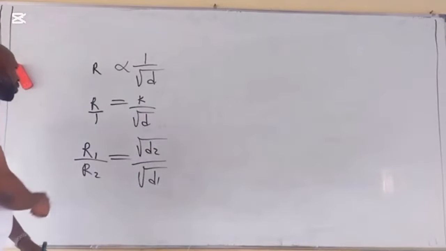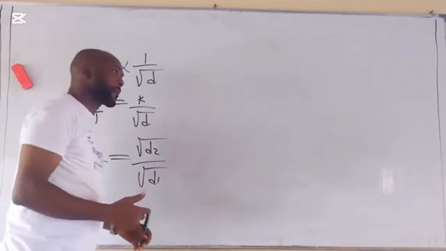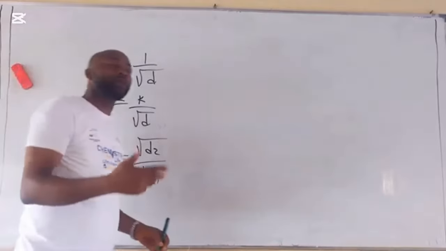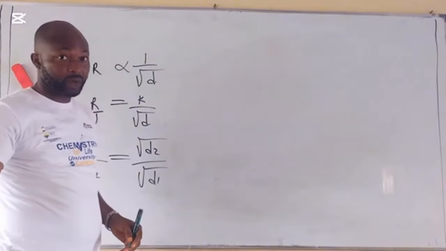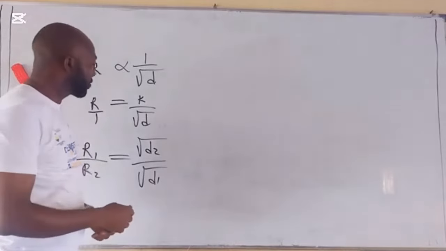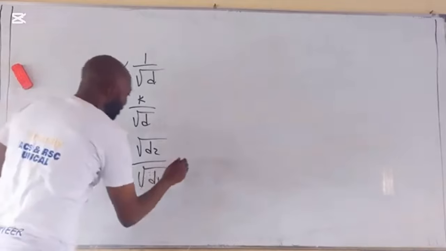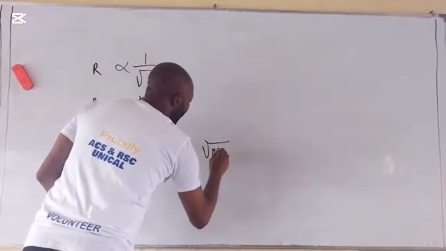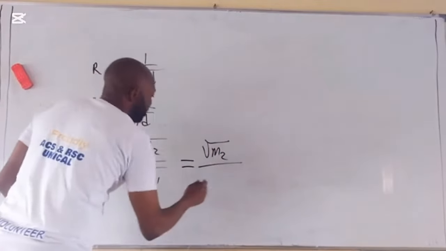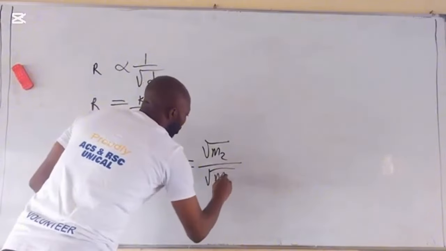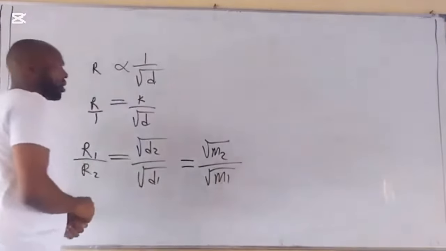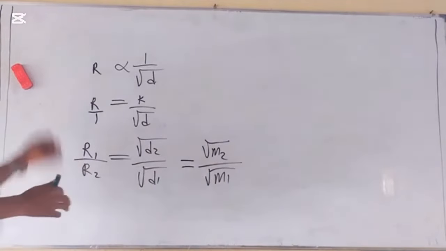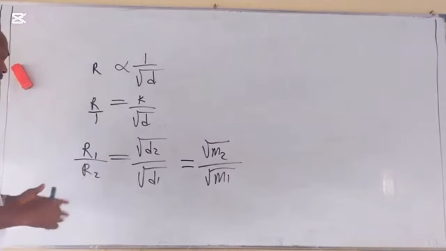We also remember that relative molecular mass is equal to 2 times the vapor density. If that is true, I can equally say this is equal to the square root of M2, the relative molecular mass, over M1. This is how we go, and we're going to make use of this elaborately.